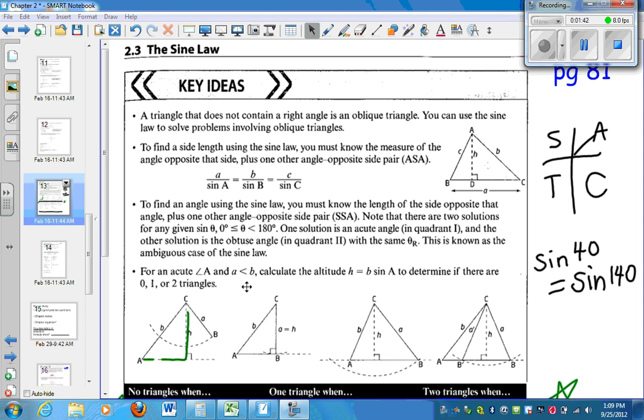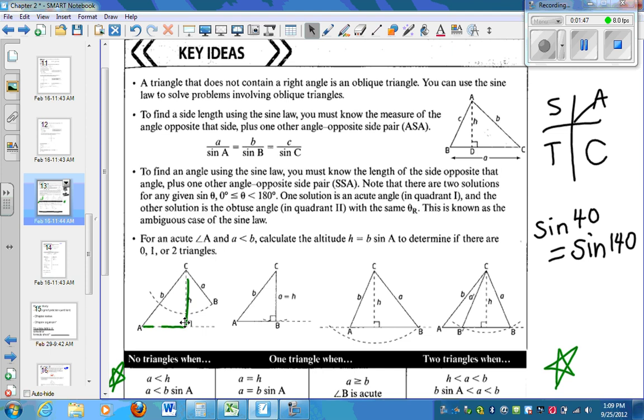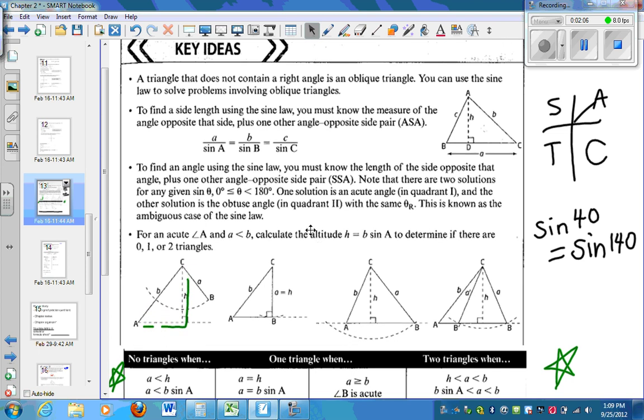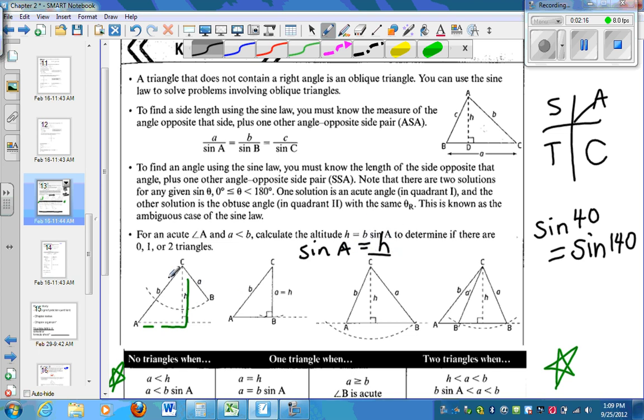In order to determine if we're talking about an ambiguous case or not, we need to determine the height. To find the height, since we know an angle and a side, we use sine A. By SOHCAHTOA, the opposite over the hypotenuse is h over b.